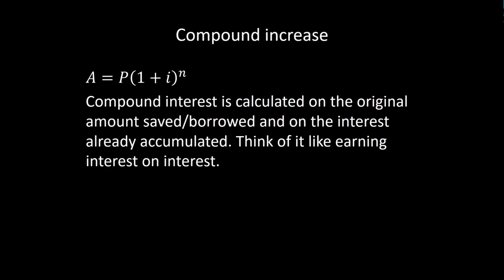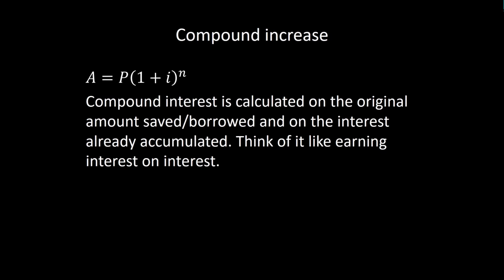All right, so let's just remind ourselves what compound increase is and what the formula looks like. Basically, when we talk about compound interest, remember we get simple interest and we get compound interest. Simple interest is exactly what it sounds like. It's simple, okay? Interest is only added on the original amount that was invested.